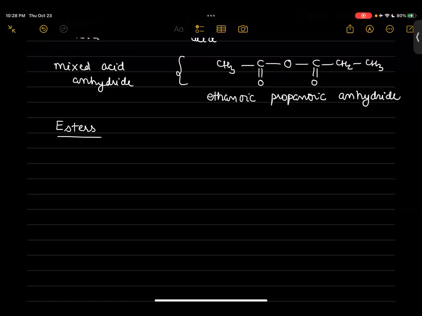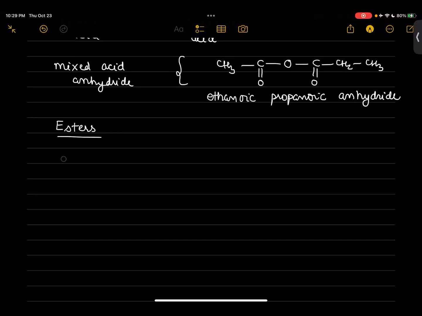Like in acid chloride, that CO is connected to Cl. In anhydride, it was connected to OCO. Alkyl groups? No, alkyl groups on both sides, if you have two alkyl groups on the CO, then it is a ketone. You will have an ether-like group or alcohol group, okay, on one side.